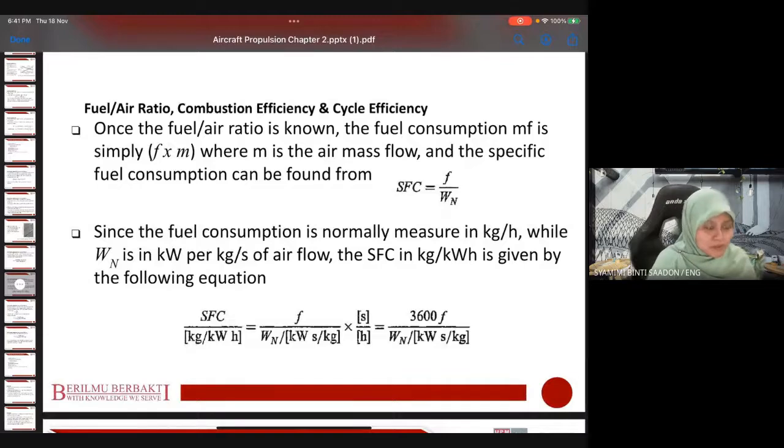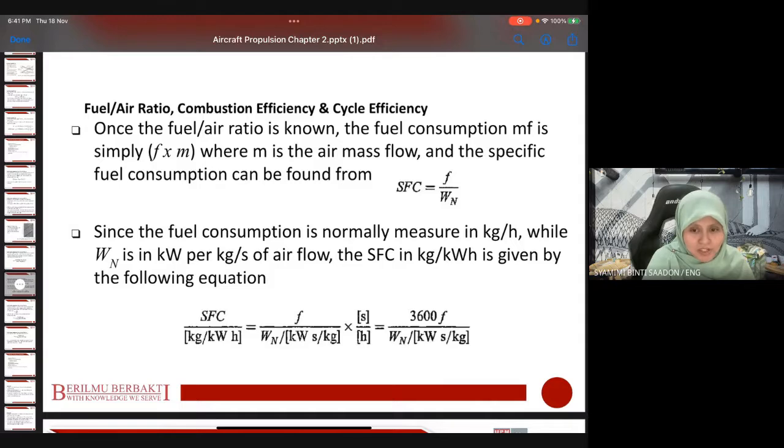Once the fuel to air ratio is known, where M is the air mass flow, the specific fuel consumption can be found. We can calculate the SFC using this expression, the fuel to air ratio over the net work output from the cycle. Net work output means work of the turbine minus the work used in the compressor.